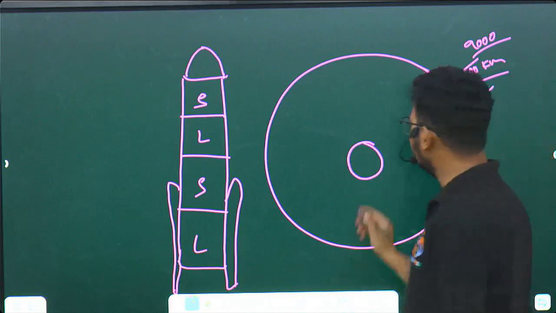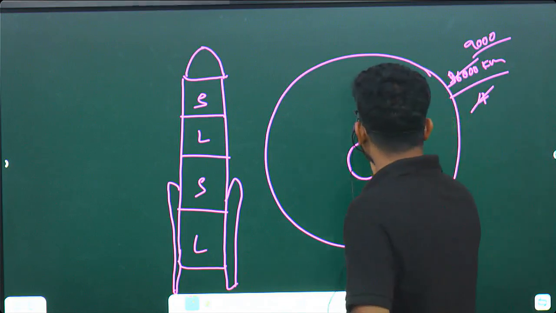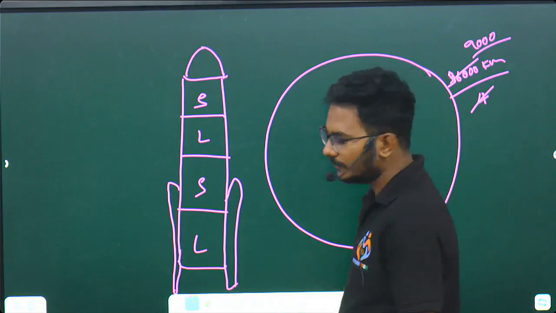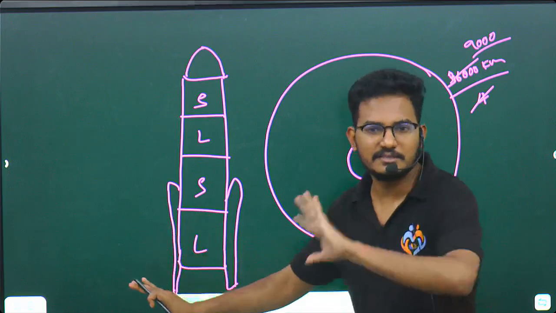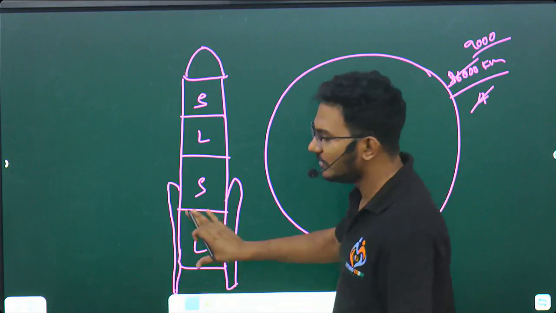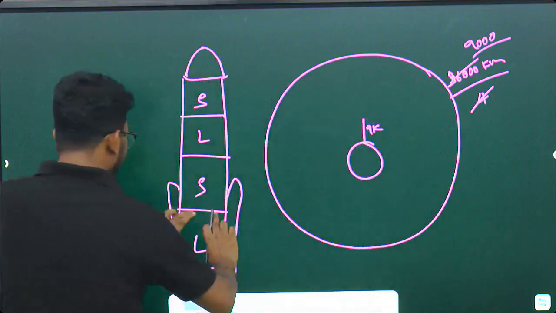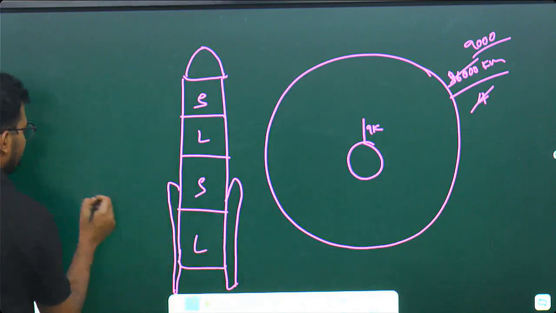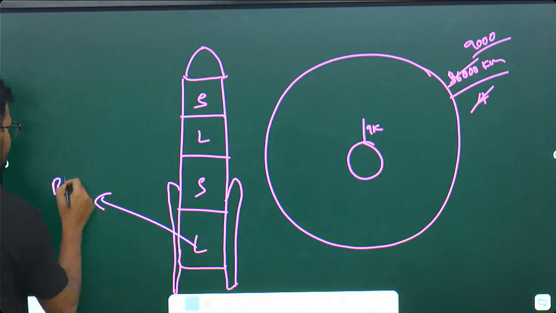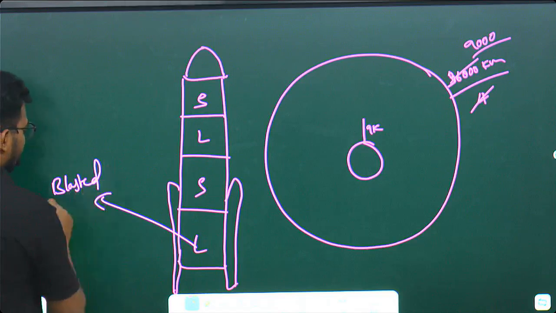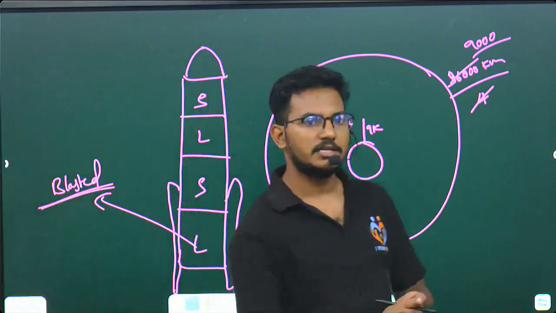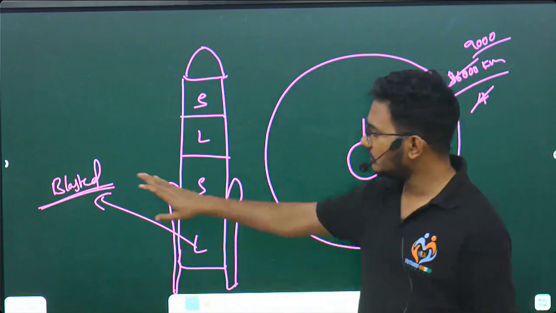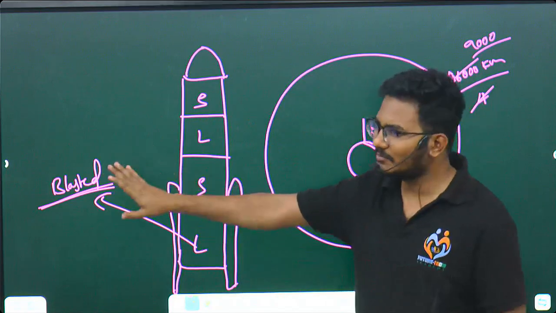Once after traveling 9,000 kilometers, the fuel inside here will be exhausted, which means completed. Now this will be separated and this will be blasted in the space, which means there will not be any space debris anymore.